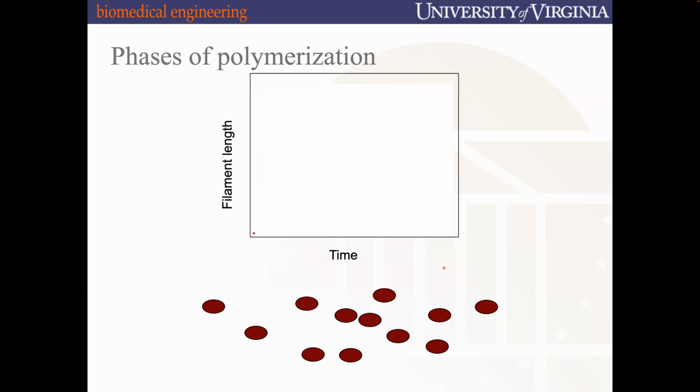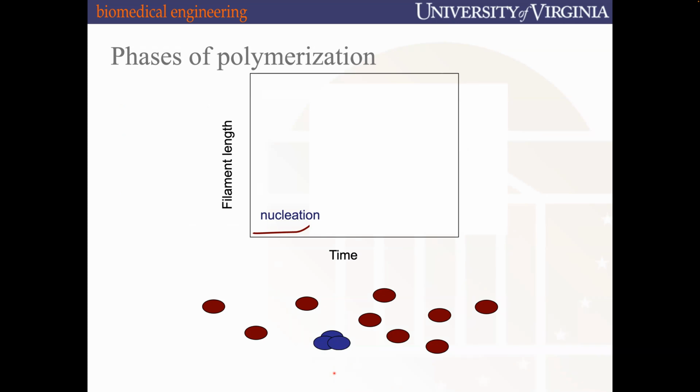So we can think about this process of polymerization as occurring in multiple phases. So if you have a cell, say maybe there's no cytoskeleton, there's just a bunch of these monomers available, they'll start by just bouncing around off of each other and eventually forming these dimers or trimers. And this start of the polymerization chain is known as nucleation.